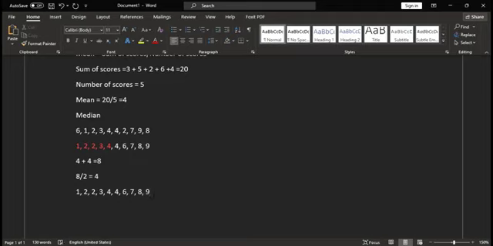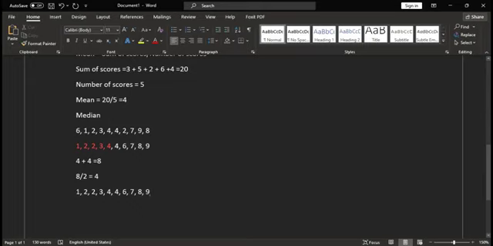Now, looking at these numbers, you have an even set of numbers. There are 10 in number, and 10 is an even number. That's why we had two middle numbers. No middle number exactly, but we picked these two at the center and found the mean.